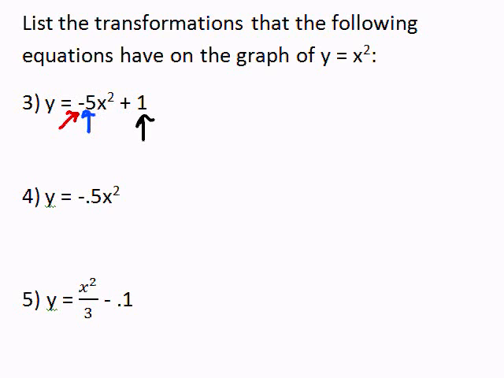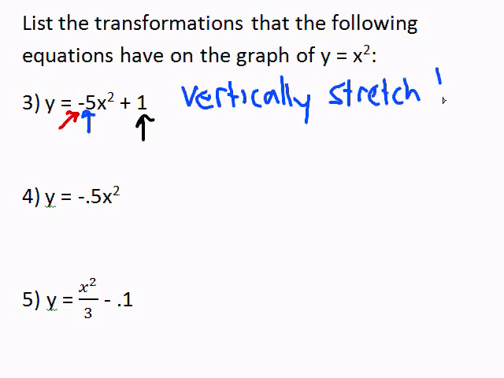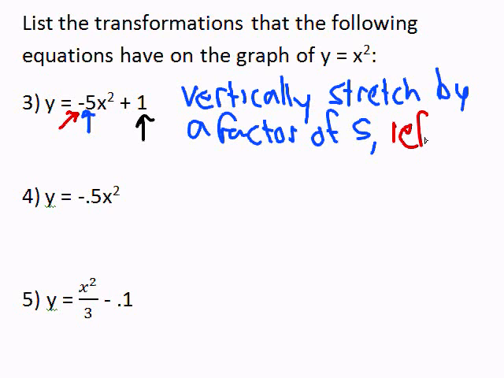The 5 causes the graph to vertically stretch by a factor of 5. Now, the negative causes the graph to reflect over or in the x-axis.